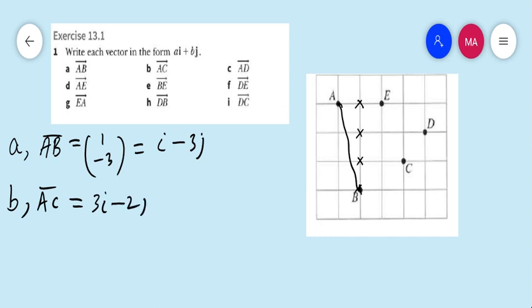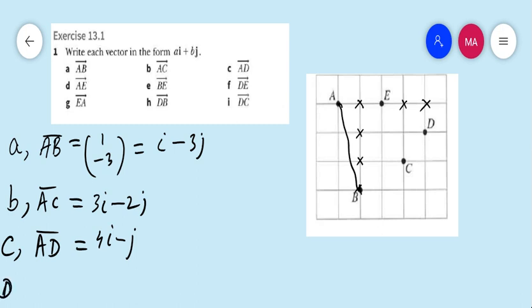So 3i minus 2j is our final answer for part B. Part C is AD. So join A to D. What is the distance on the x-axis from A to D? 1, 2, 3, 4. So it is 4i, and only 1 unit at the bottom, therefore it is -j. So 4i minus j is our final answer.